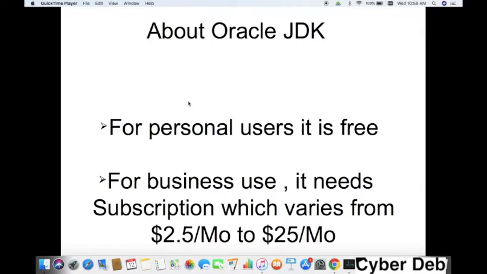So how much is the amount right now? There is not much clarity as far as subscription fees are concerned, but at least it varies from $2.5 to $25 per month if you are going for Oracle JDK.